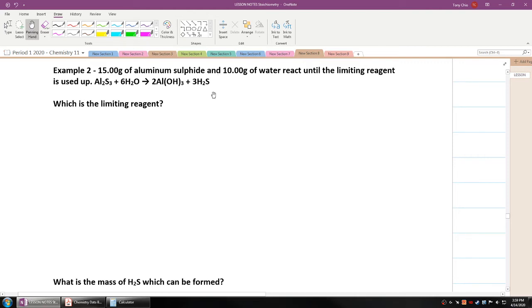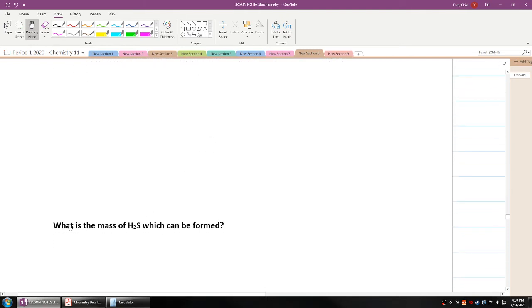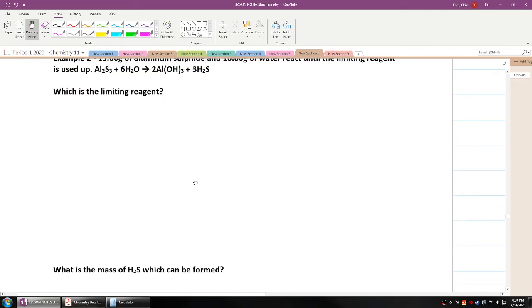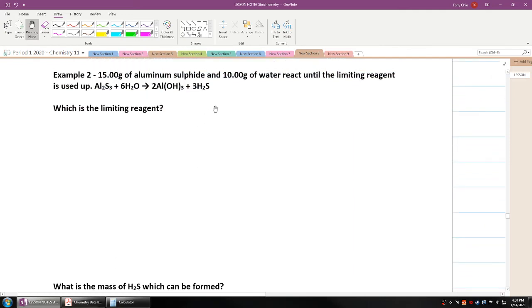Which product should we convert to? The aluminum hydroxide or the hydrosulfuric acid? Sometimes you might want to convert to whatever the next question is asking. Looking at the next question, you see it asks for the mass of hydrosulfuric acid that can be formed, so it makes more sense to convert to hydrosulfuric acid.